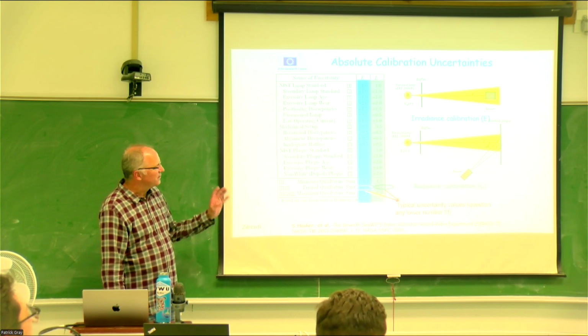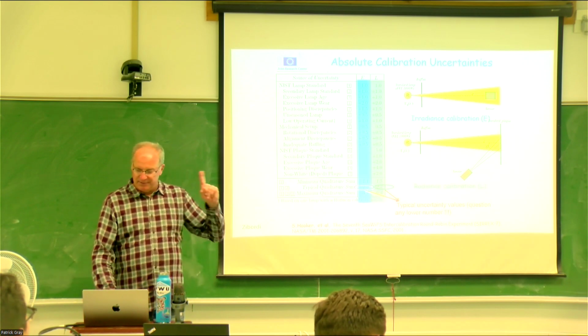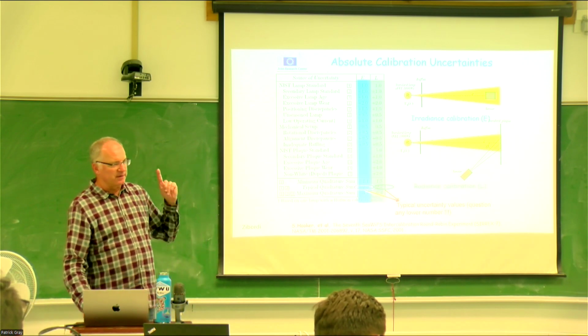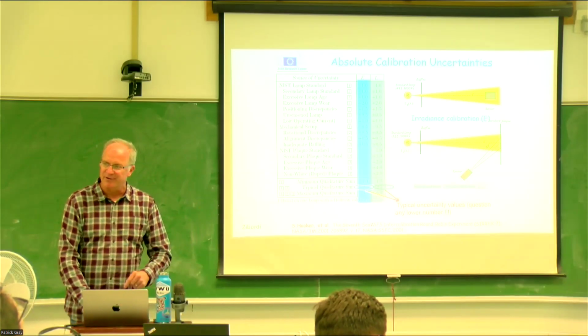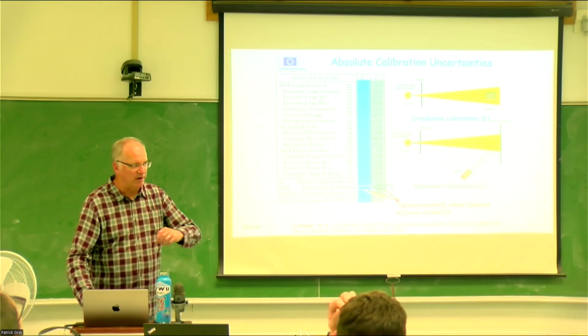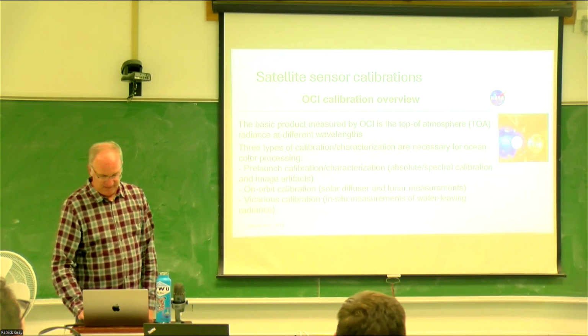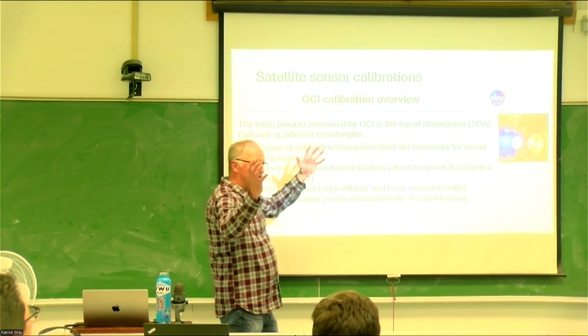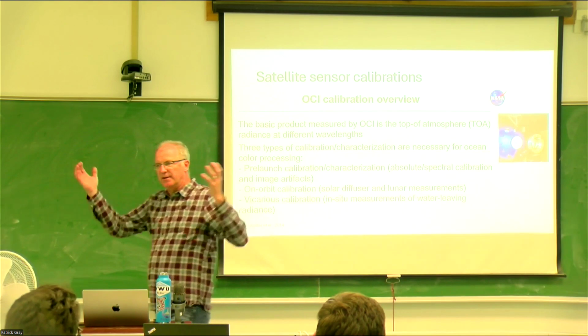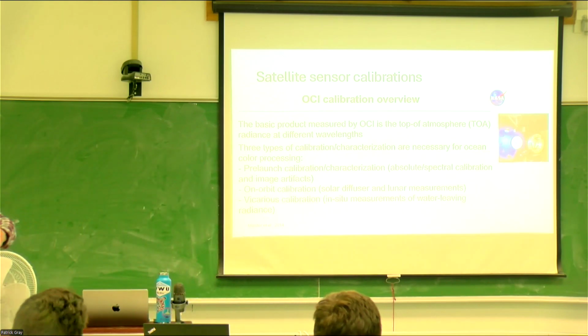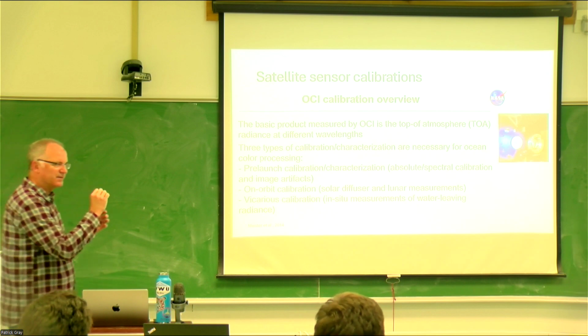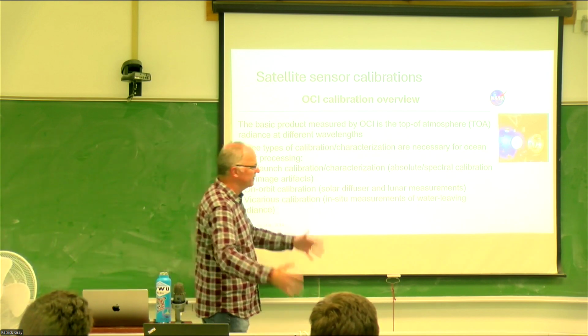Okay, so just remember that it's 2%. If you do a cal and your uncertainty is 2%, you're doing awesome. All right, so now we built this giant OCI satellite. Big system, the sensor is not as small as what we have in the field, it's pretty big.